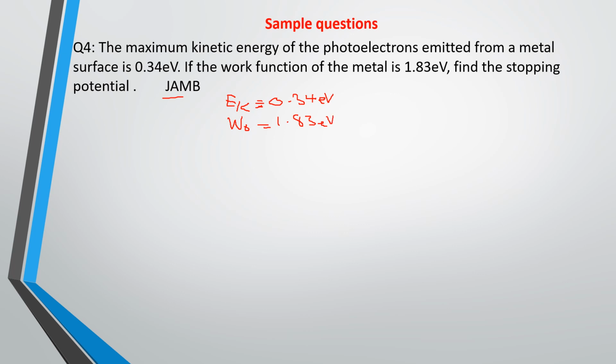So we say that the stopping potential V is equal to (hf minus the work function) all over e, or EK, the kinetic energy, all over e.